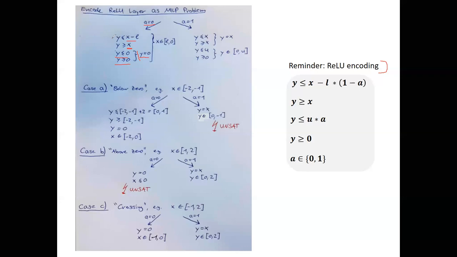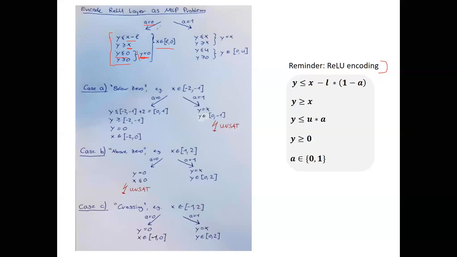And so x is greater than or equal to l. So from this instantiation, we end up with the case where x is between l and 0 and y is 0. So this is going to generate one LP instance, one linear programming instance, instantiating this branching variable a to 0.